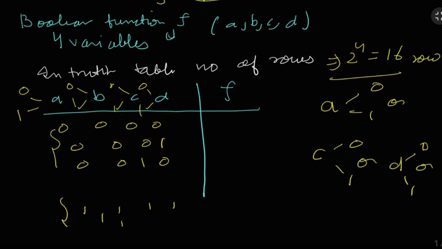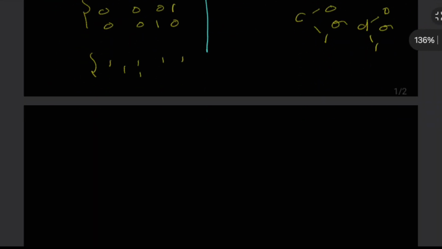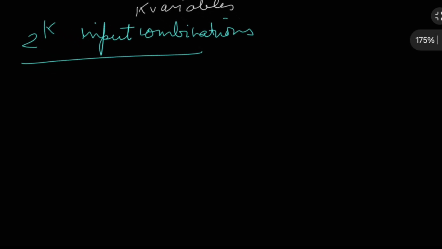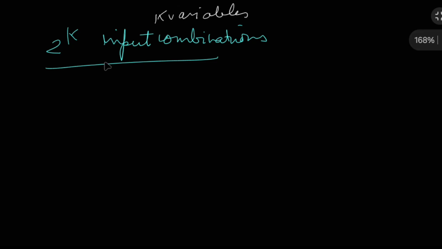So for the same thing, if you have k variables, then there will be 2 power k input combinations. Right? So k variables, and that is how it works. So now you can say, look at over here.